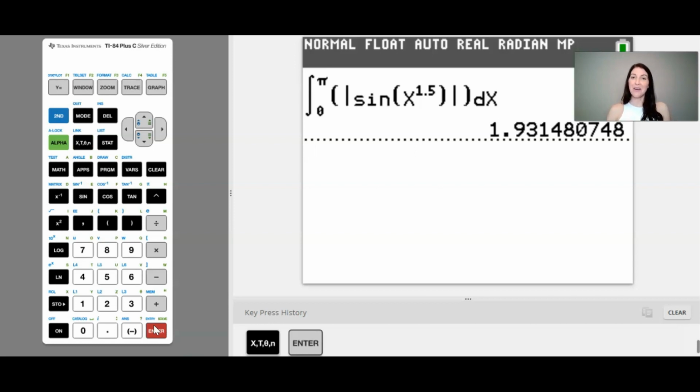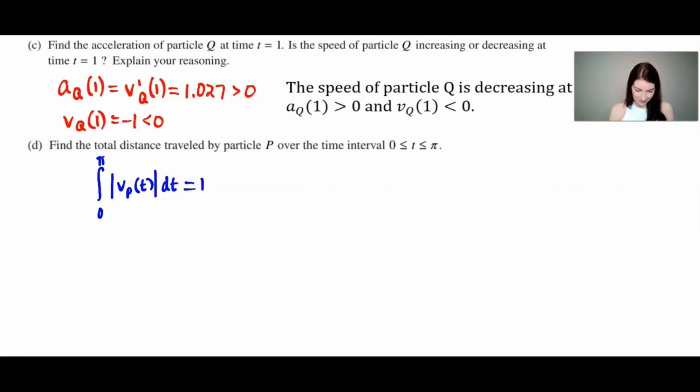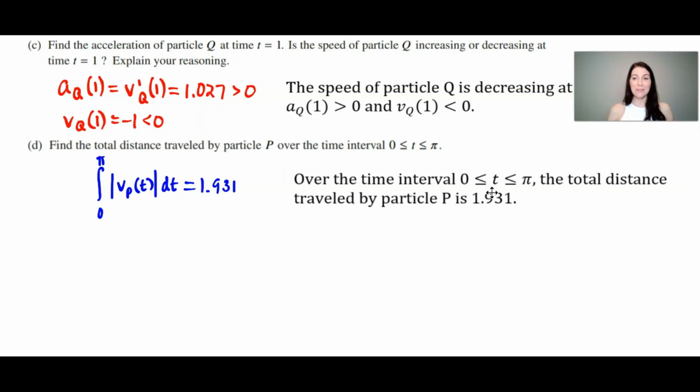And I got an answer of 1.931. Writing that as a sentence, I would have, over the time interval from 0 to pi, the total distance traveled by particle P is 1.931.